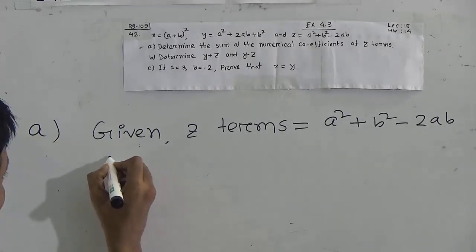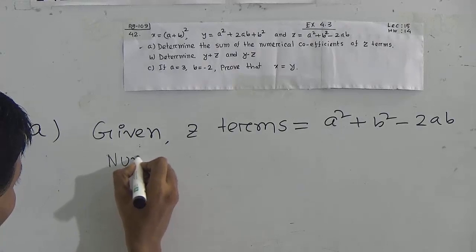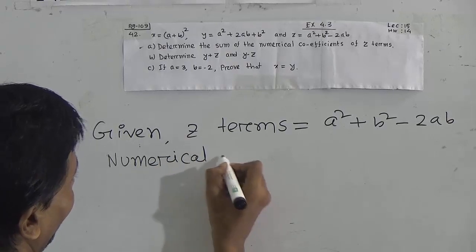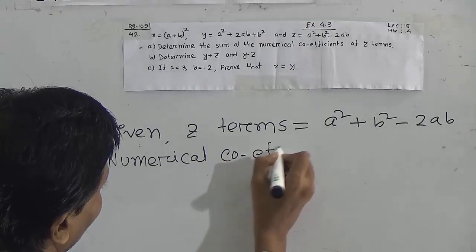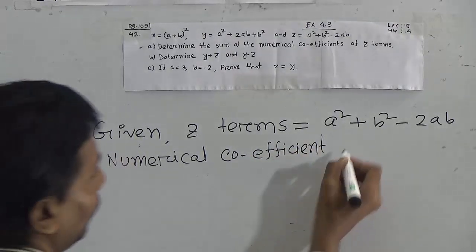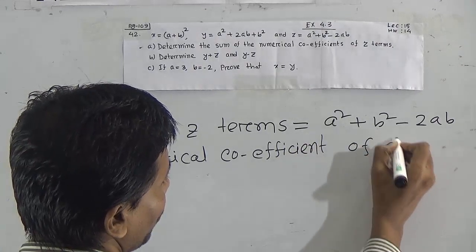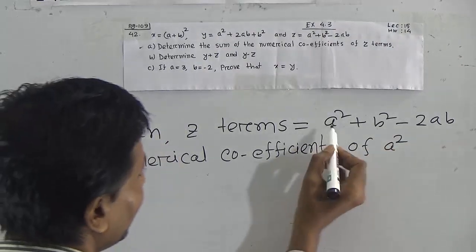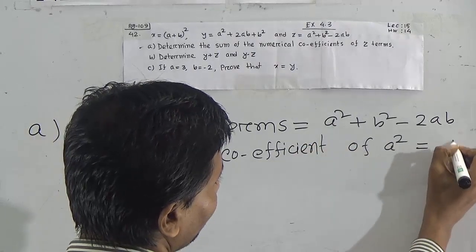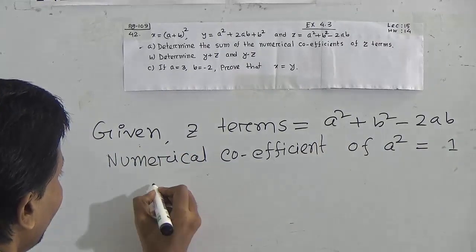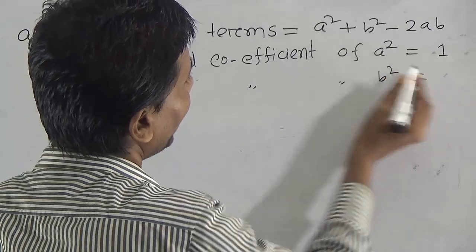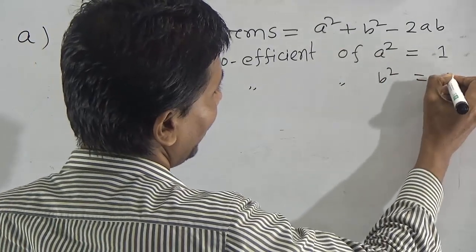Right, the numerical coefficient of a square. You see here a square, its coefficient is 1. Similarly, the numerical coefficient of b square. You see here there is only one coefficient, so write here 1.